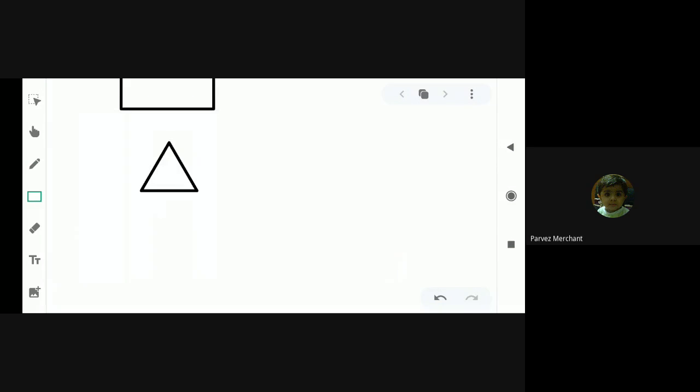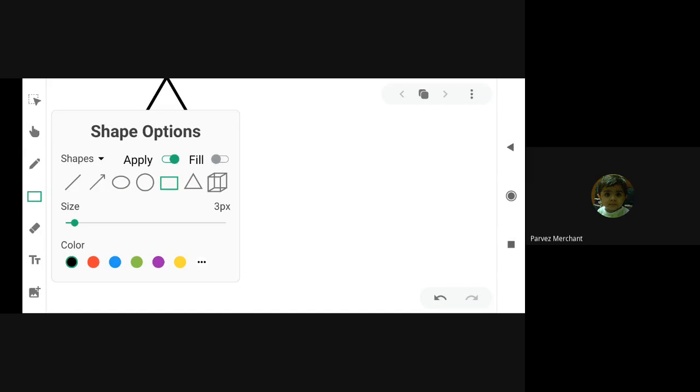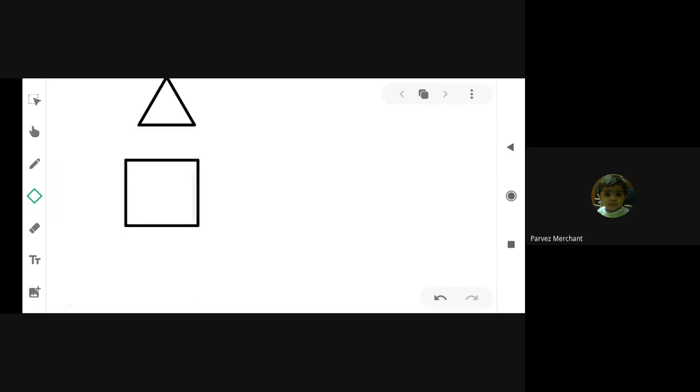You can see, first of all, square. Square is also one type of 2D shape. Then any quadrilateral.